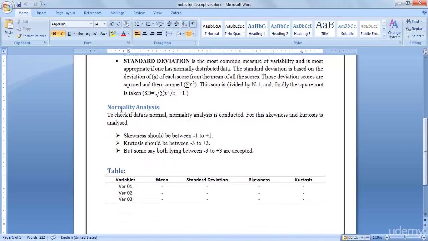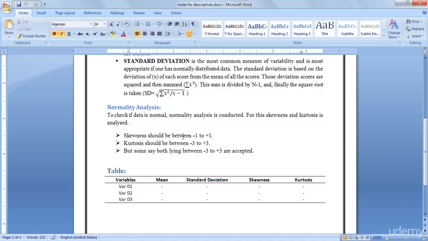Then comes the normality analysis. To check if data is normal, normality analysis is conducted. As the name indicates, this is to check the normality of data. For this purpose, we conduct normality analysis and click on skewness and kurtosis. Skewness and kurtosis give us the normality analysis.